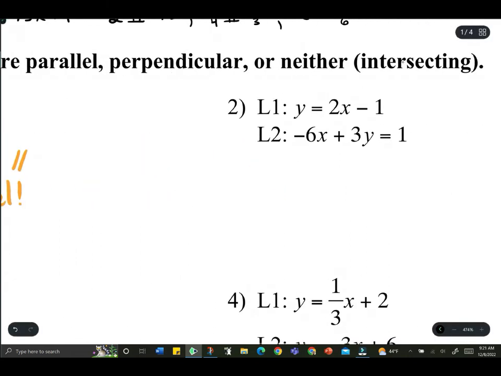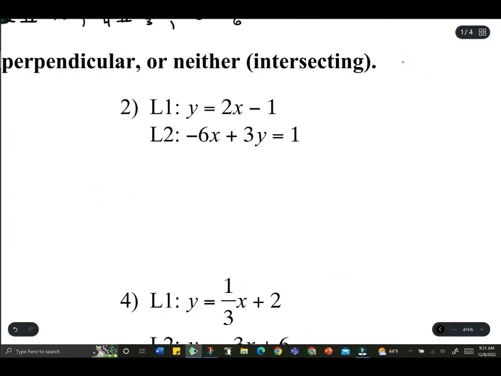Checking out this next one, so just kind of practicing as well. Line 1 we see has a slope of 2. We have to determine what's going on here with line 2. So solve for y equals mx plus b, that way we can see what the slope is.